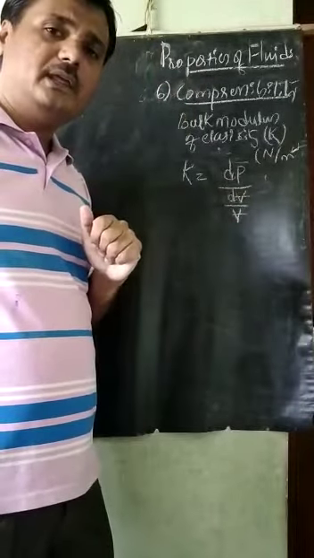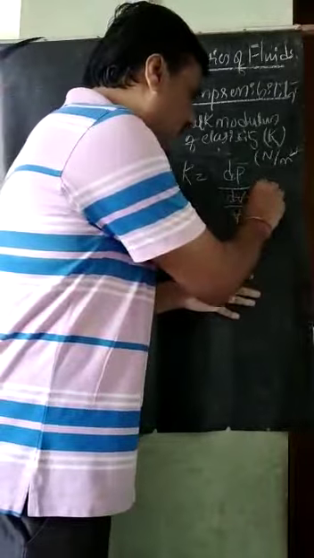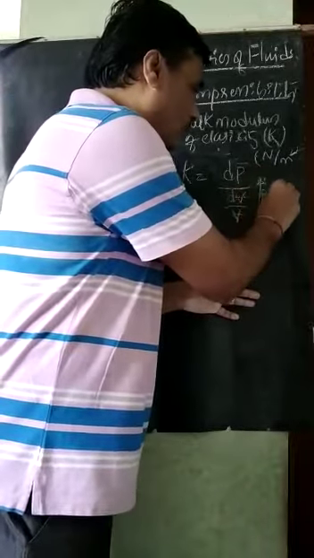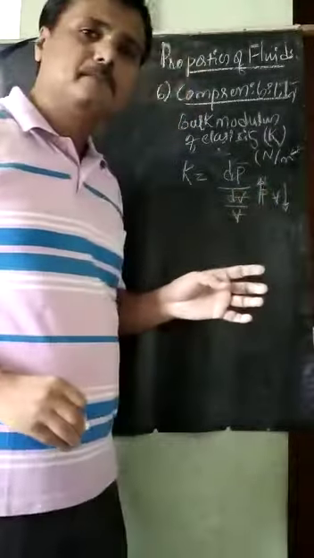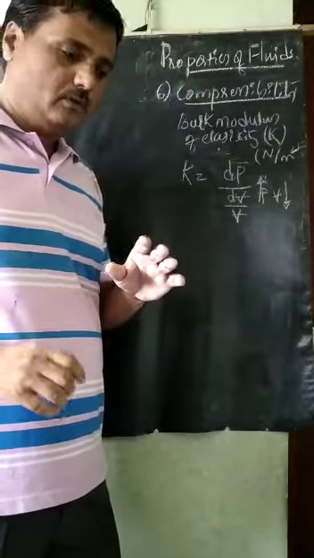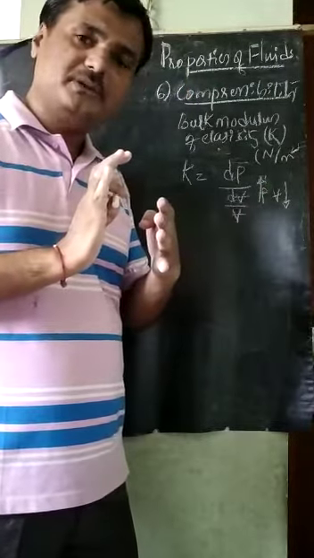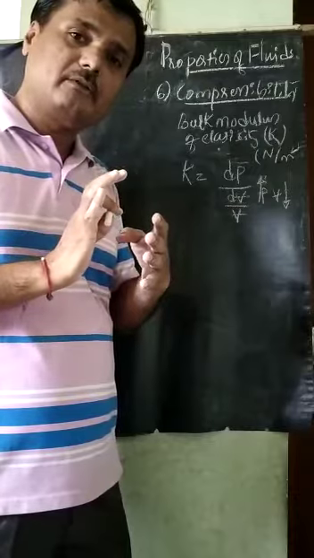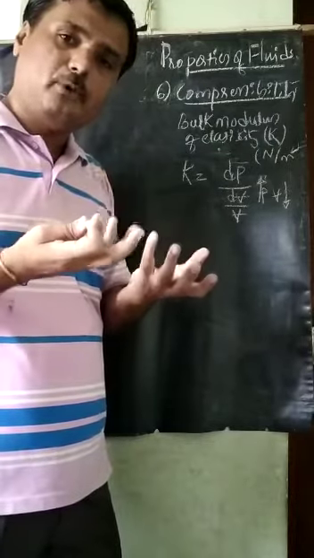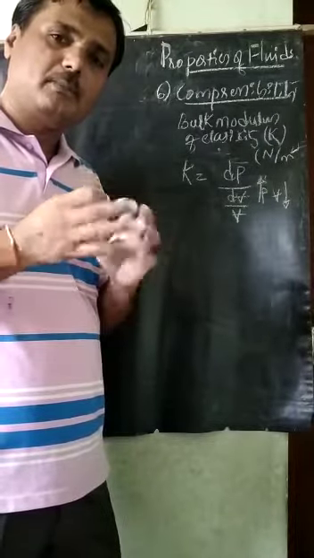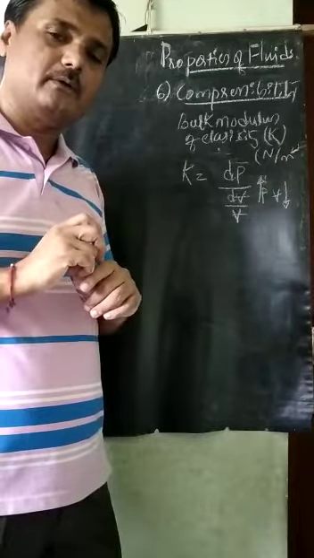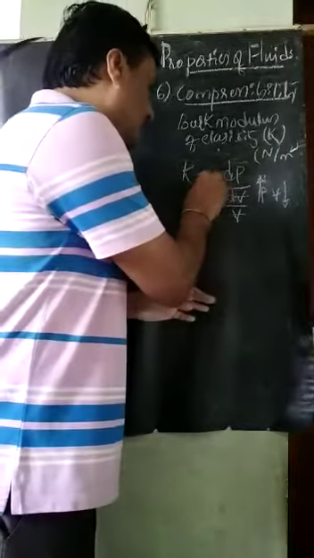As we have studied, when the pressure increases, the volume will decrease. When it is compressed, pressure increases but volume decreases. Always both are in opposite. Pressure and volume are in opposite in case of compressibility. So therefore this will be taken with a negative sign.